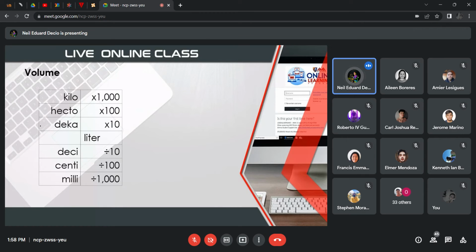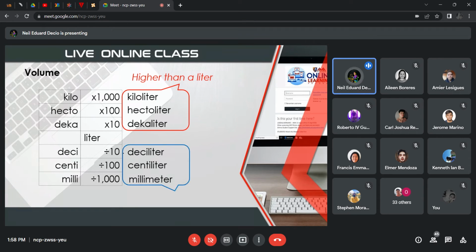But then, again, legit na system of measurement. But yung popular lang kasi and the most common that's being used is liter and milliliter. So in conversion, ganun din yung mangyayari sa volume based sa length natin kanina.